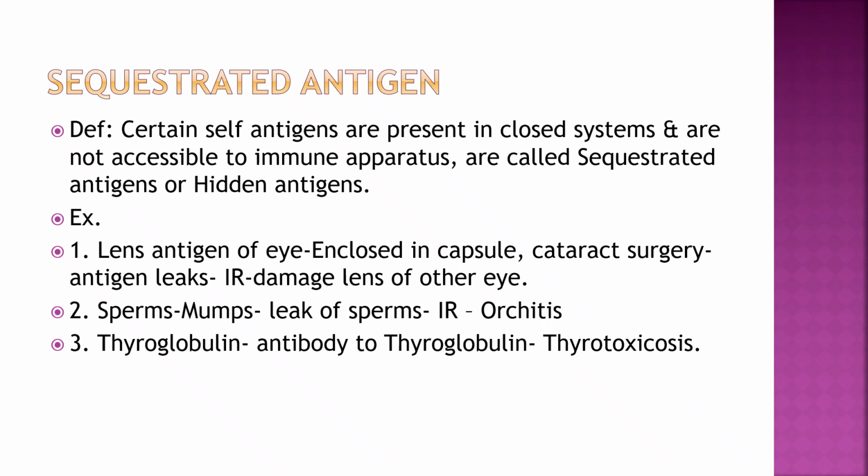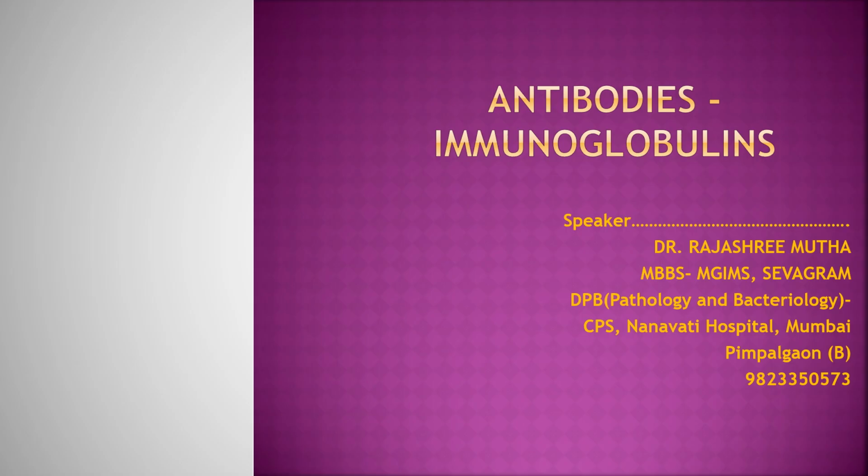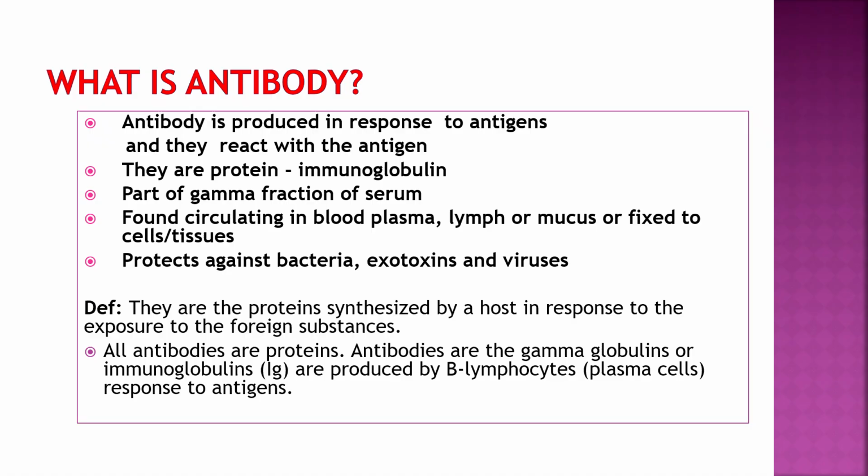thyrotoxicosis or Graves' disease. Hello students, let's study antibodies, that is immunoglobulins. What is an antibody? Antibody is produced in response to antigens and reacts with the antigen. They are proteins, also called immunoglobulins, part of the gamma fraction of serum, found circulating in blood, plasma, lymph or mucus, or fixed to cells or tissues, and they protect against bacteria, exotoxins and viruses.